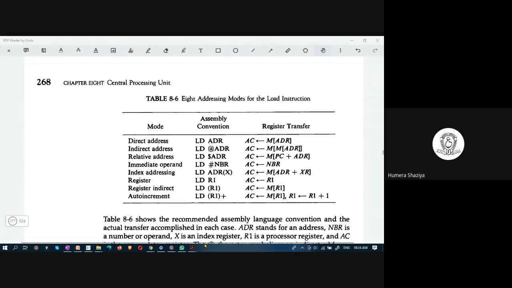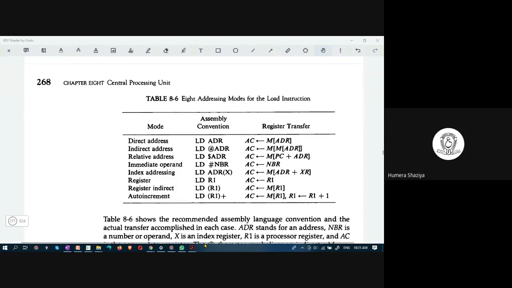M is memory, and the address can be found in R1. The value stored at M of R1 is brought into the accumulator, moved from that memory into the accumulator.